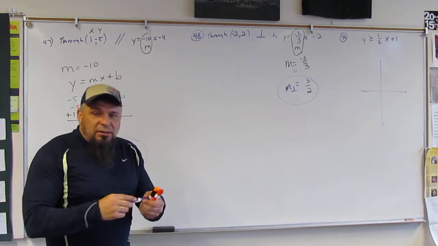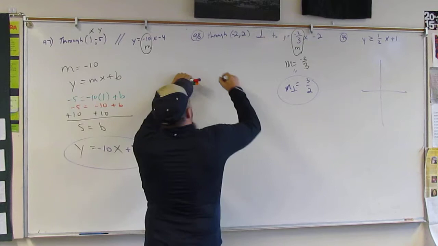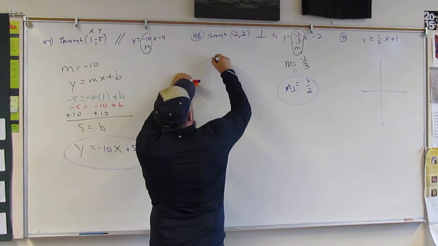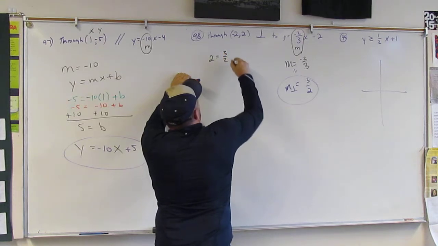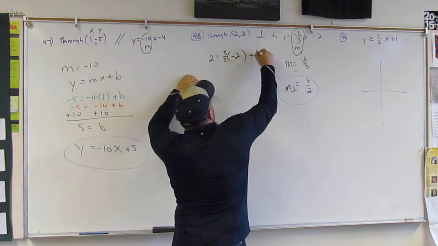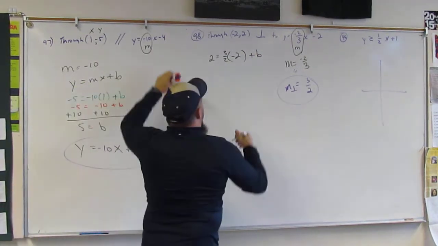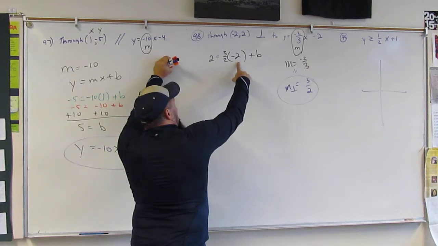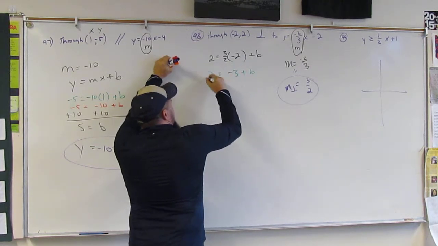Now, again, you have a slope, you have a point, so you have y, which is 2, is equal to 3/2 times -2, which is x, plus b. Okay? And then we're going to multiply this, and that's going to be -3 plus b is equal to 2.